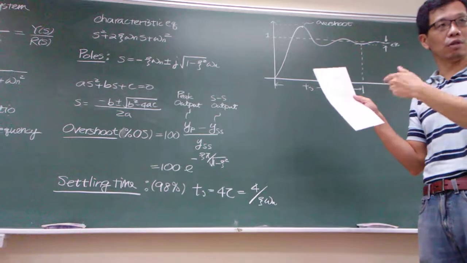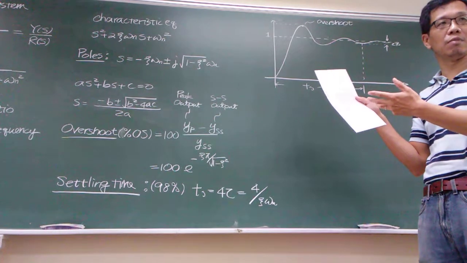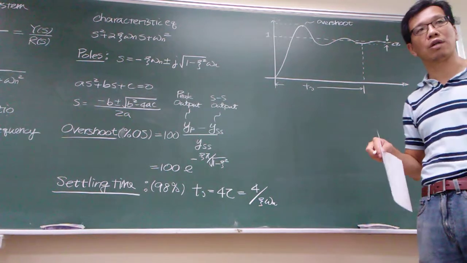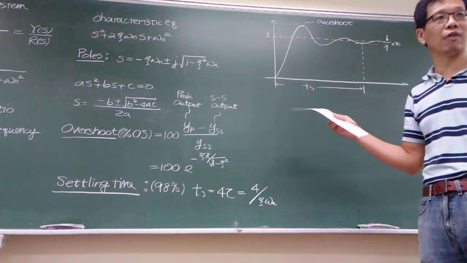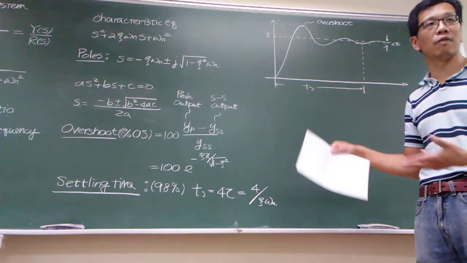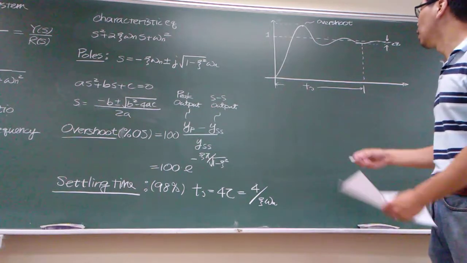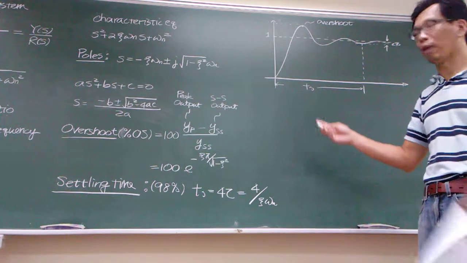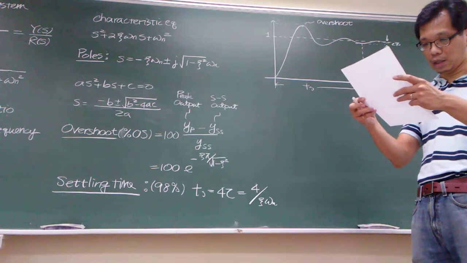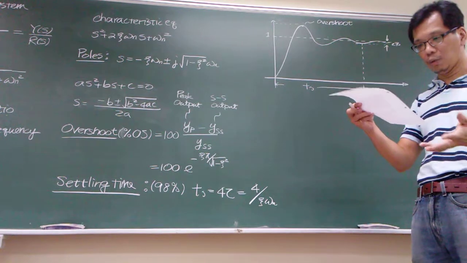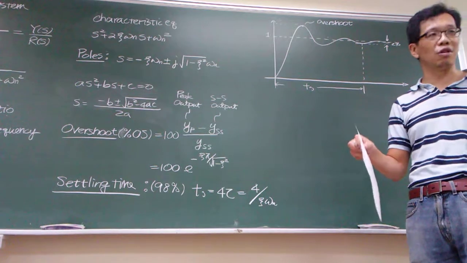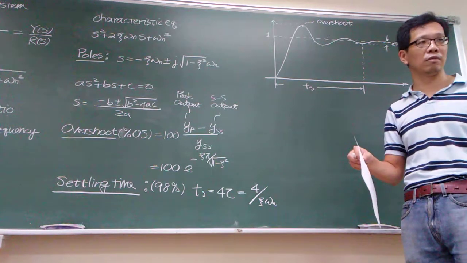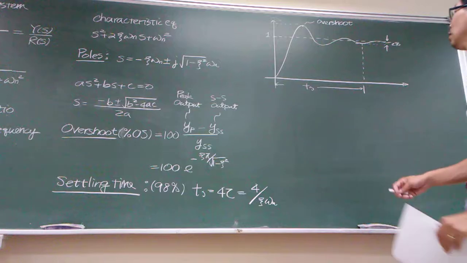Some textbooks include this part in the text, but I think the textbook you are using does not have that one, so I actually copied this part down from another textbook. Those are just definitions. You will need to know what's going on when people are talking about TR, TP, TD, what does that mean? But that's just a definition. You don't need to memorize those kinds of things. Just know where to look it up. That will be good enough. Okay? Any questions so far?